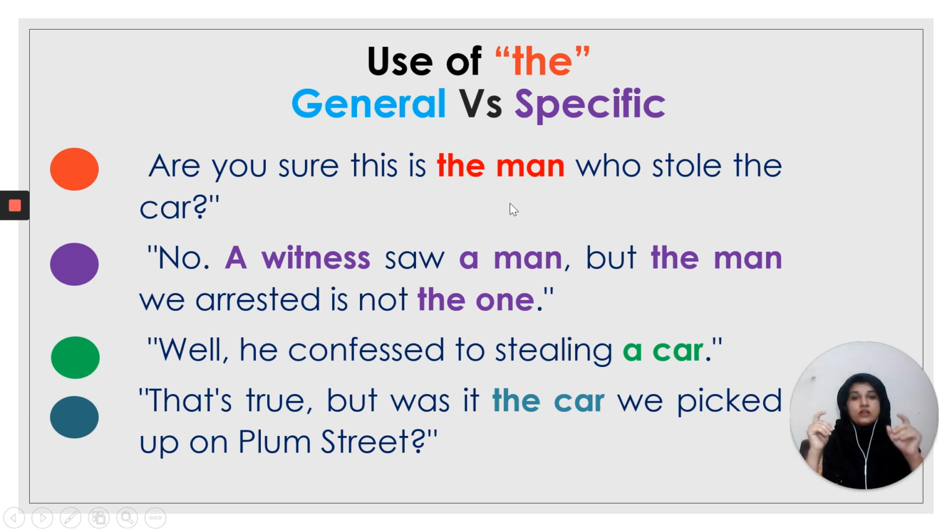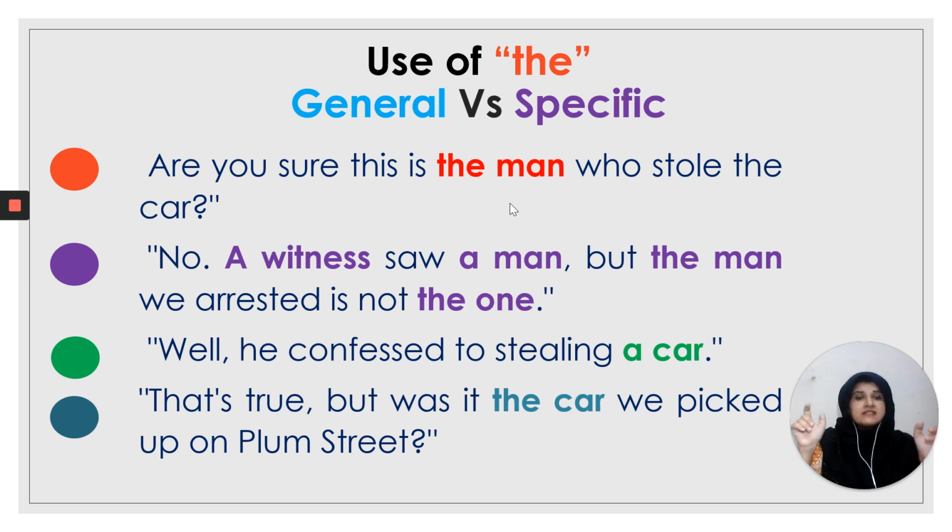Now they are talking about the man, the car. It means it is a specific man and a particular car about which both the speaker and the listener are aware, right? They are specific. And the other friend answered, "No, a witness saw a man, but the man we arrested is not the one."